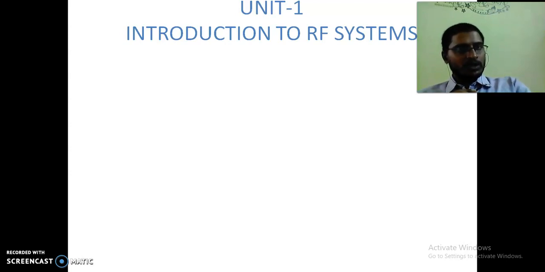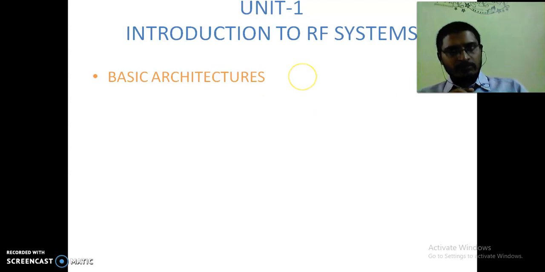The RF system is used to transmit and receive RF signals. How the signal propagates between transmitter and receiver, we are also going to study in this unit.